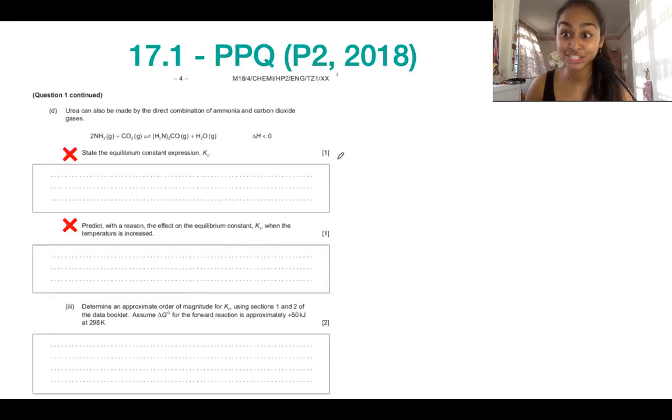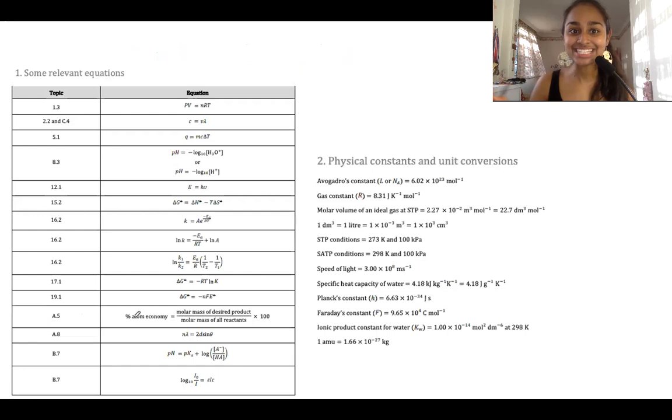In our previous video on 7.1, we tackled answering the first part and the second part. So now we're going to look at the third part, which is a bit of higher level. So determine an approximate order of magnitude for Kc using sections 1 and 2 of the data booklet. You've been given values for delta G and for the temperature as well. So let's have a look at sections 1 and 2 of the data booklet.